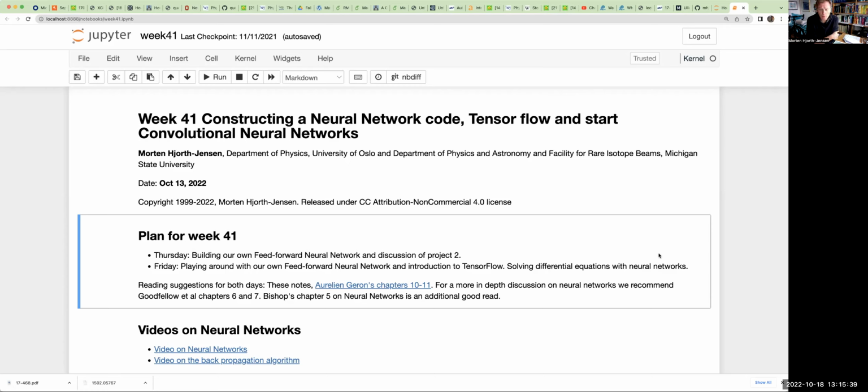one of the things which we want to bring back again is the famous back propagation algorithm. And if there is an under-communicated topic in the machine learning community, it is the connection between the back propagation algorithm and what we have met earlier in connection with the discussion of gradient descent methods and automatic differentiation.